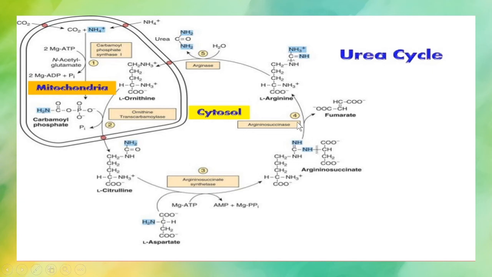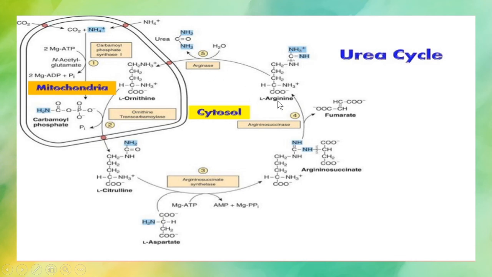Now we see the fifth step of the urea cycle, which is the cleavage of arginine. Arginine is lysed into ornithine and urea under the influence of the enzyme arginase.